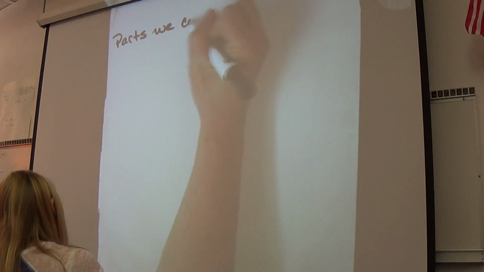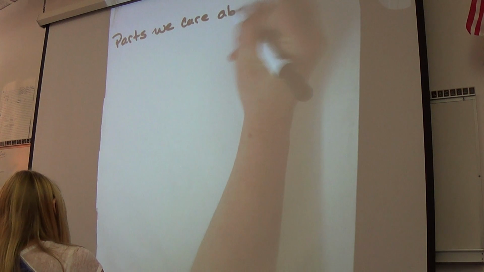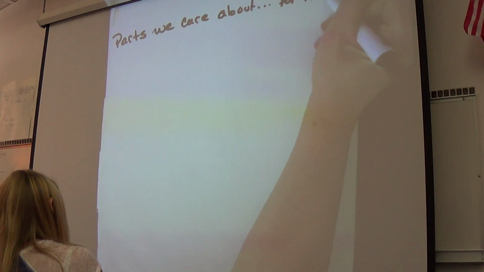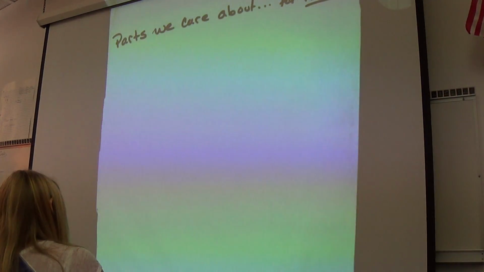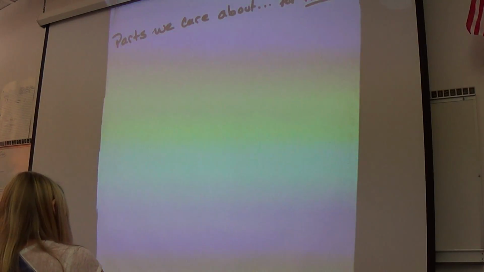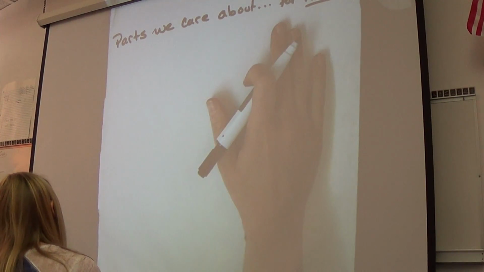Alright, so the parts that we care about, we're going to do a few for now. Because like I said, on Friday, we'll add one more piece to it, and that's going to tie in the solving that we just finished into the graphing that we're doing. There are two ways that our graphs can look.